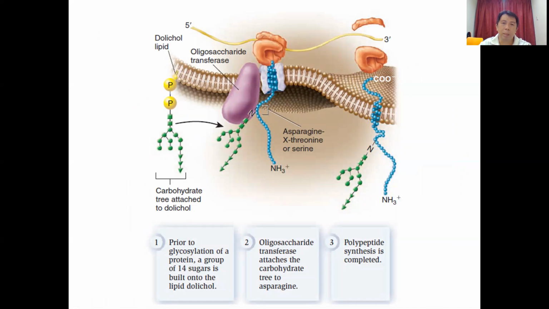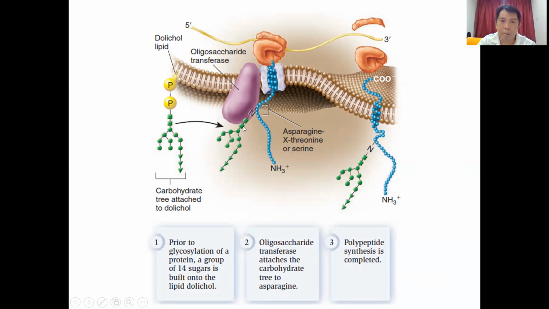Okay, so this is the process of glycosylation. The detail for this glycosylation is not required, but however, you must know the function of the RER. So you see the ribosome. This is an mRNA, so the polypeptides form. They're inserted into the lumen of the rough ER.